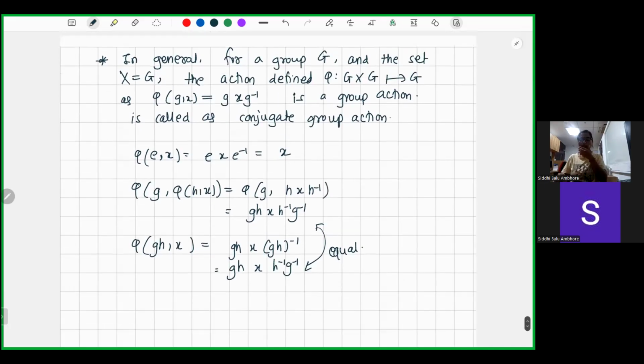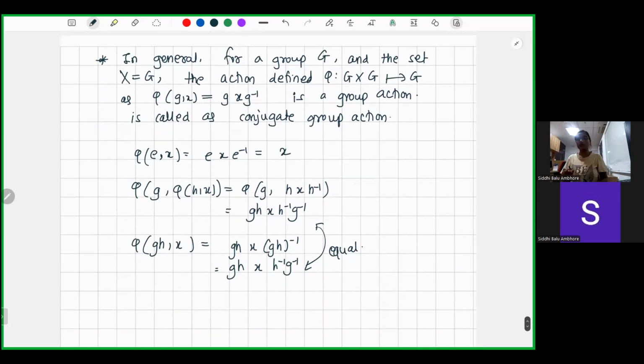And this conjugate group action is used a lot when we talk about theorems, which we will be seeing next week mostly, for the orbit stabilizer theorem and in many proofs for group actions to see its orbits and other things.